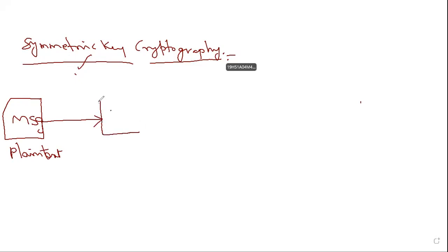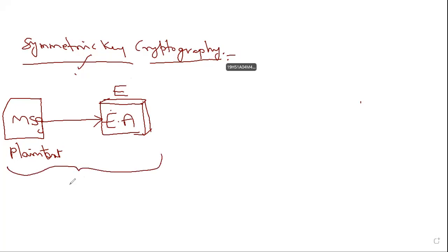For sending this information in a secured manner, sender and receiver use the secret key. For that purpose, the sender uses an encryption algorithm, which we can call E. This is the encryption algorithm, and this portion is the sender portion.